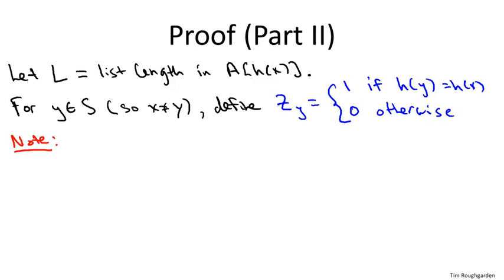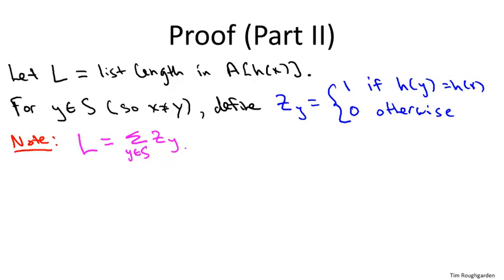Now, here's what's cool about these random variables: capital L, the list length that we care about, decomposes precisely into the sum of the Z sub Y's. That is, we can write capital L as being equal to the sum over the objects y in the hash table of Z sub Y. If you think about it, this equation is always true, no matter what the hash function h is.